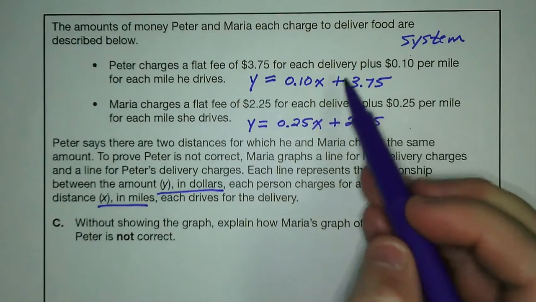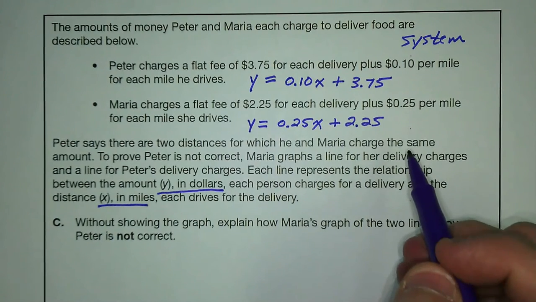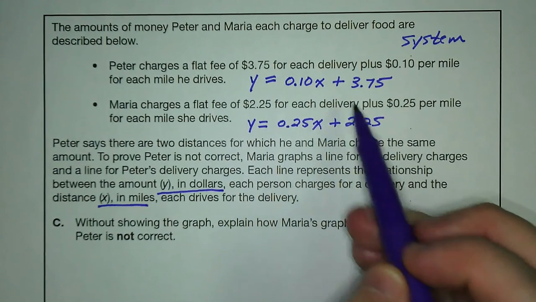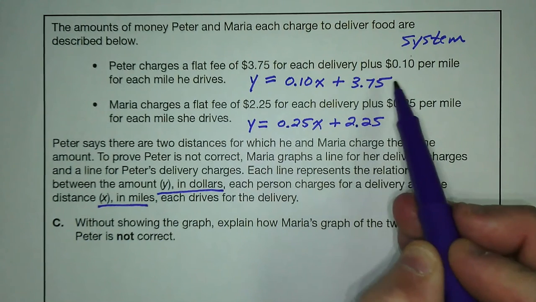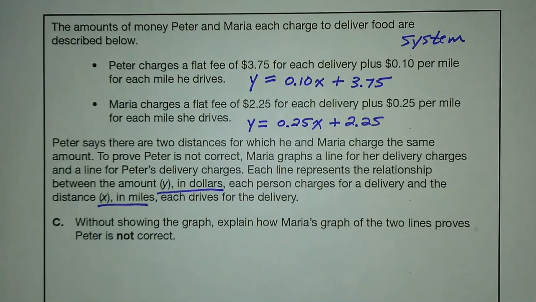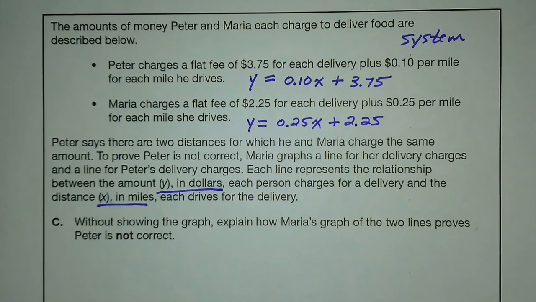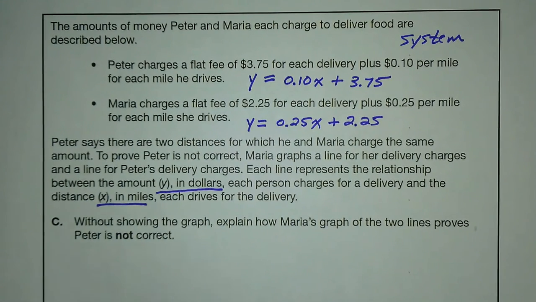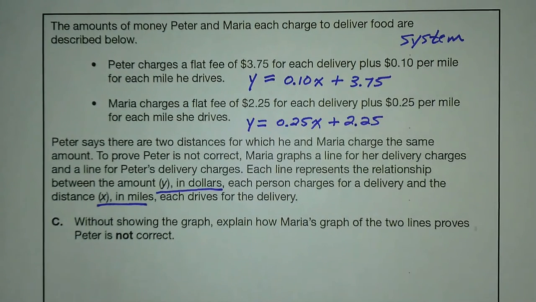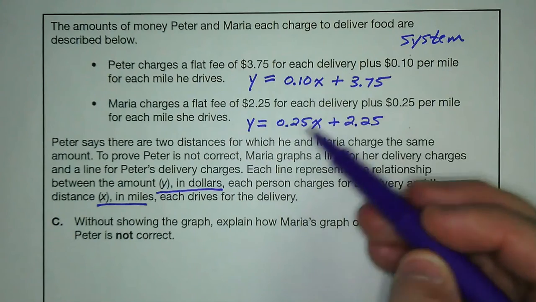So solving a system, you could go ahead and do the substitution method, which involves setting these two equations equal to each other, like 0.10x plus 3.75 equals 0.25x plus 2.25, and then solve for x. You could, but the bottom line here is you're only going to get one answer for x and then in turn for y. You're only going to get one combination of x and y that solves this system.